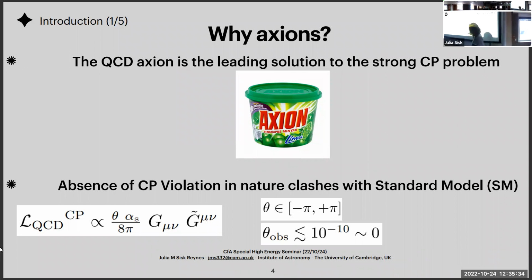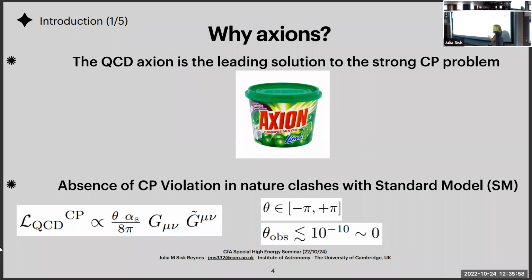In the standard model, we have a QCD Lagrangian term that is odd under charge parity symmetry. The strength of this charge parity violating term is determined by an angle theta, which is a constant. You would think that the value of theta favored by the theory is just 1.